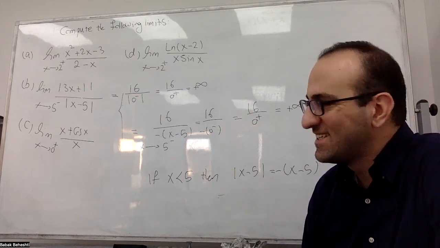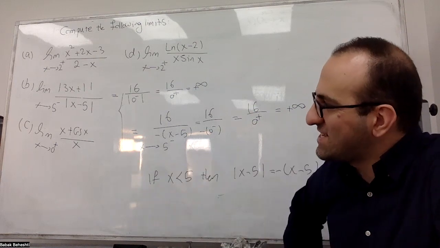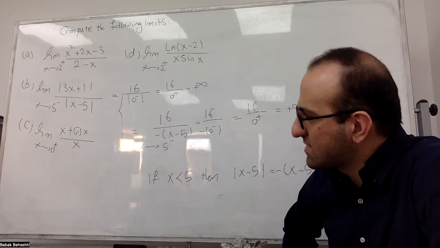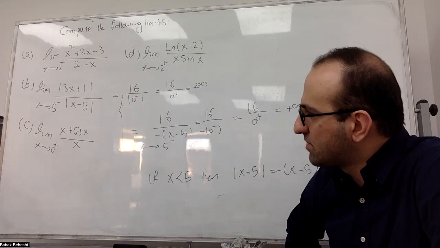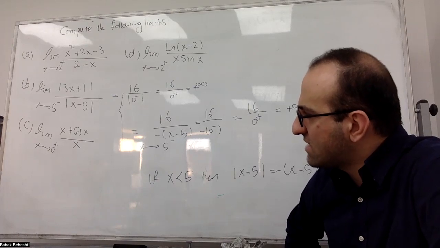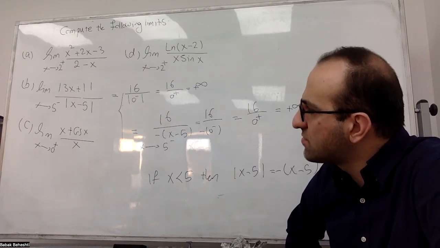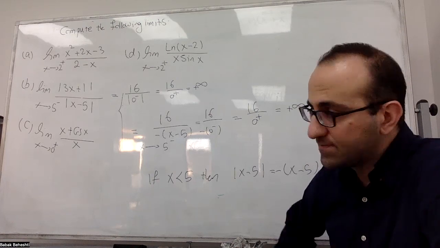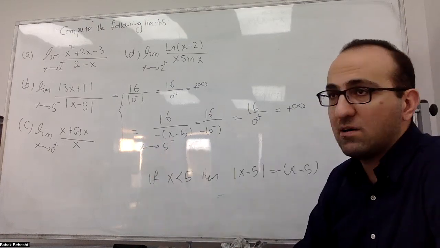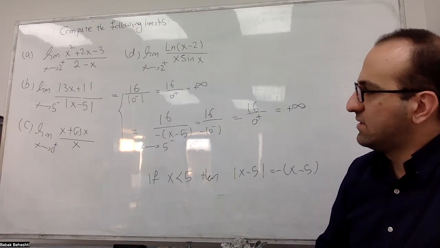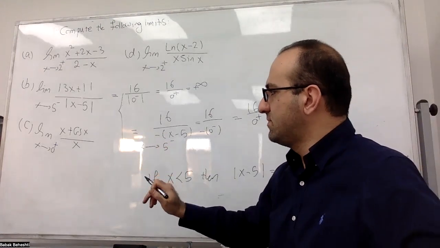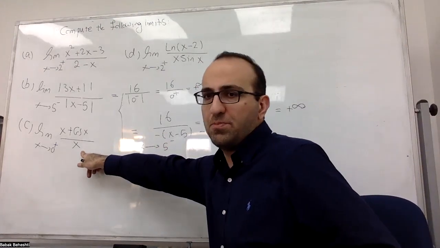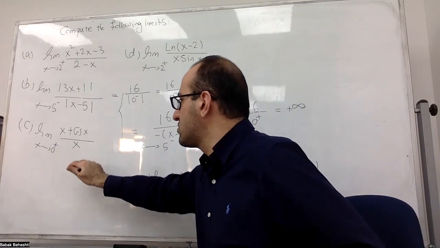Clear? So what about part C? x plus cos x, x goes to 0 plus. When x goes to 0, x plus cos x is 1. So on the top, you have 1, right? But at the bottom, the denominator is 0 plus, because x goes to 0 plus.